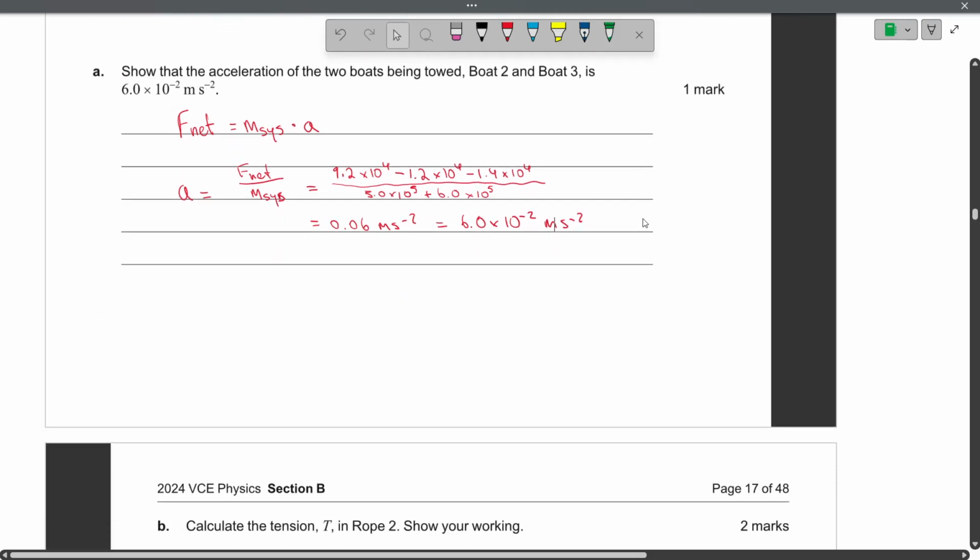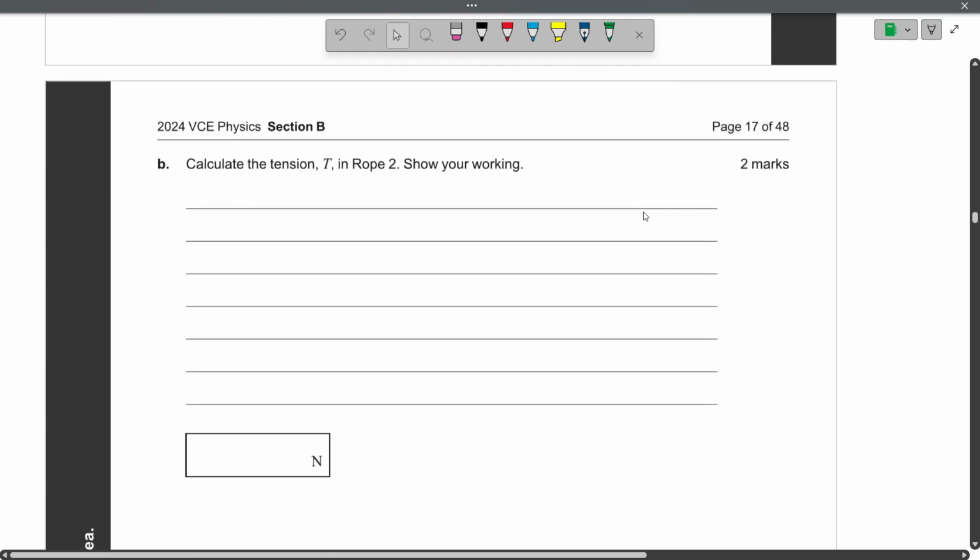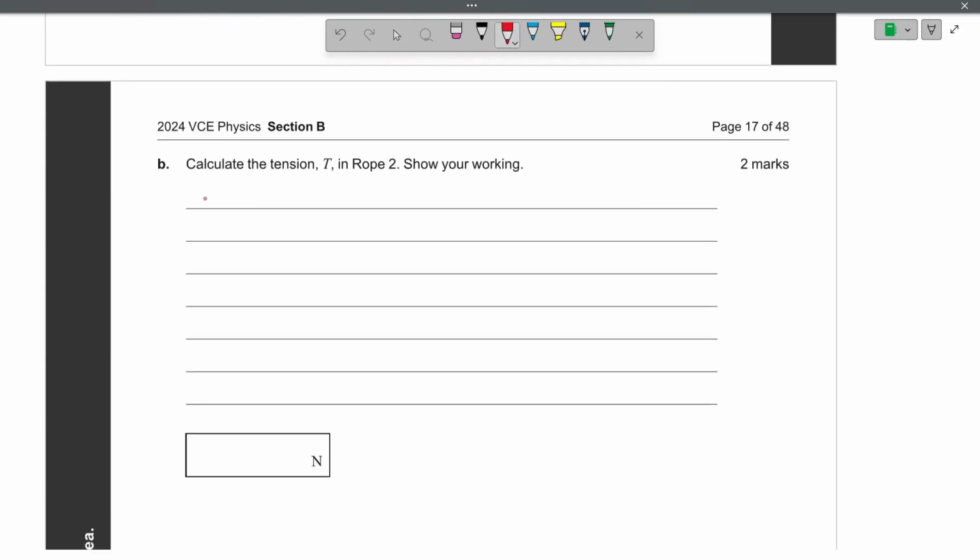Okay, so if you just focus on boat 3, we have that the net force, and just remember, net force, you can write it as mass times acceleration, but you can also write it as literally the sum of the forces acting on that object.